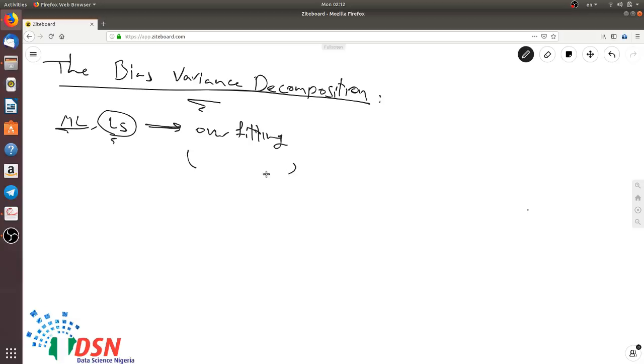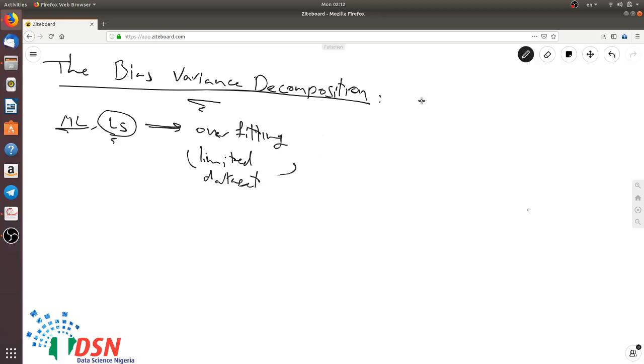If our data set is limited, then we are going to overfit on our data set, and we don't like overfitting because it means that our generalization performance is really poor.